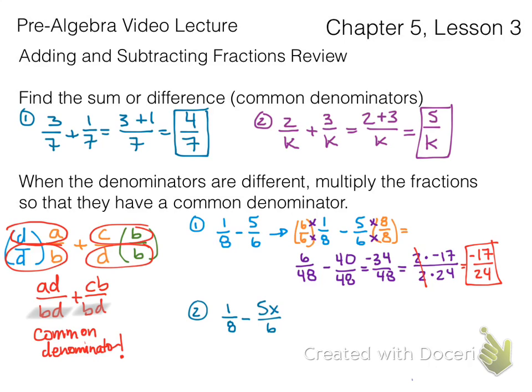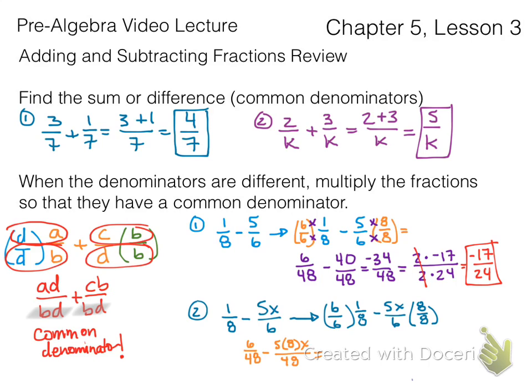All right, so what about this one? Same type of problem. The only thing is that there's an x now. And the x really doesn't change too much. It just means that when you get down to it, you can't subtract terms that are not alike. So I'm still going to multiply by 6 and multiply by 8. And I'm going to get 6 over 48 minus 5 times 8 times x. You guys see that? 5 times 8.